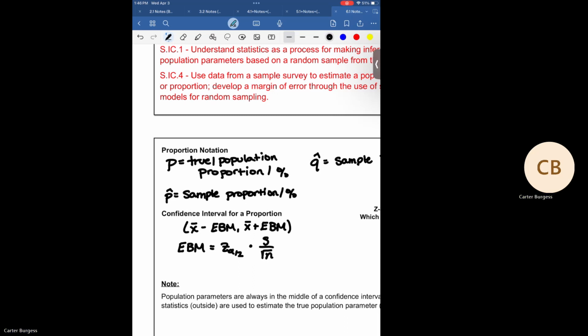Exact same thing. Except here we're saying, okay, I have a little bit of specific knowledge. I know that X bar is actually going to be some kind of percentage, some kind of proportion.